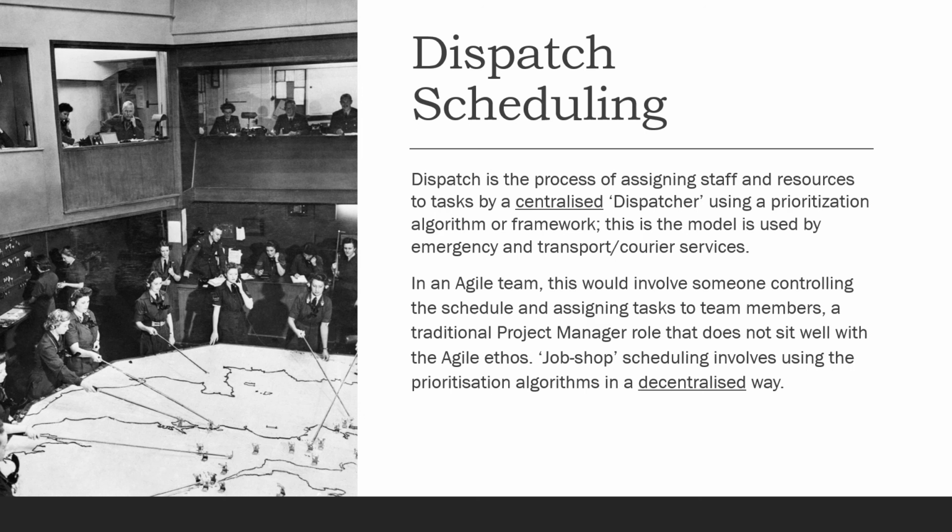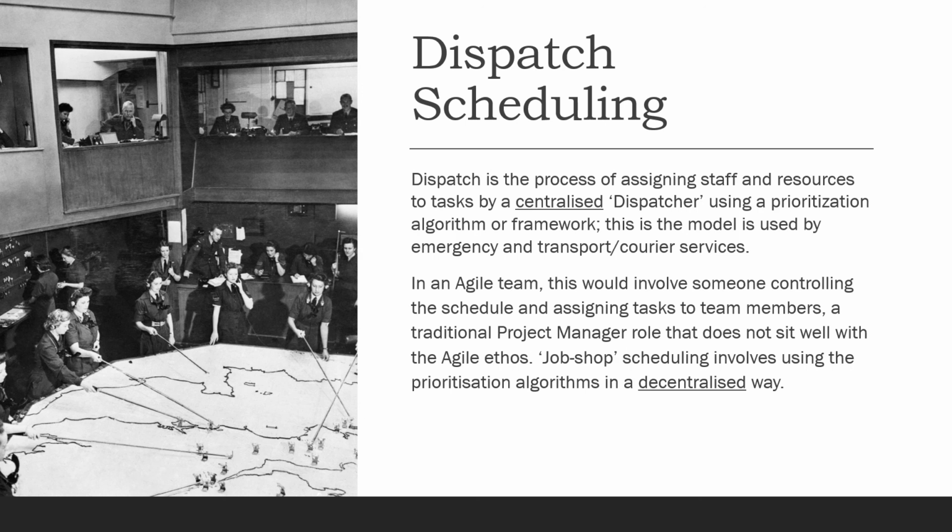This is the model used by emergency services and by taxi and courier firms. In an Agile team, this would involve a person controlling the schedule and assigning tasks to team members. This is essentially a traditional project manager role that does not sit well with the Agile ethos.